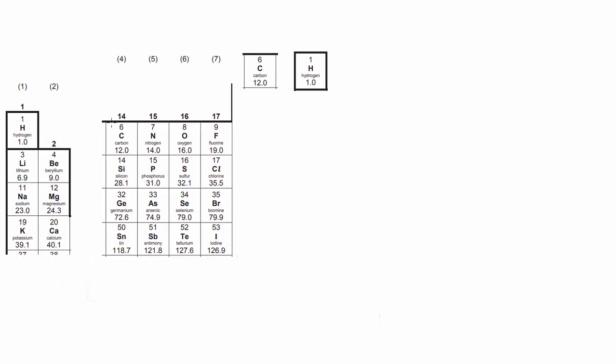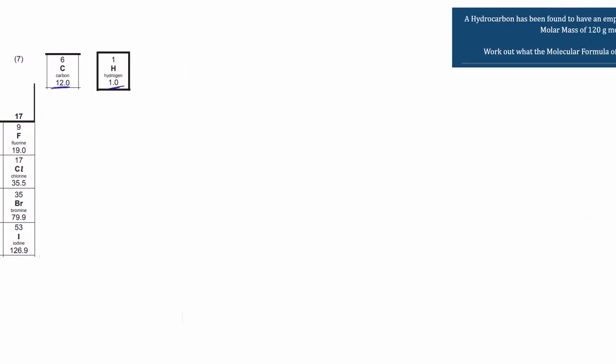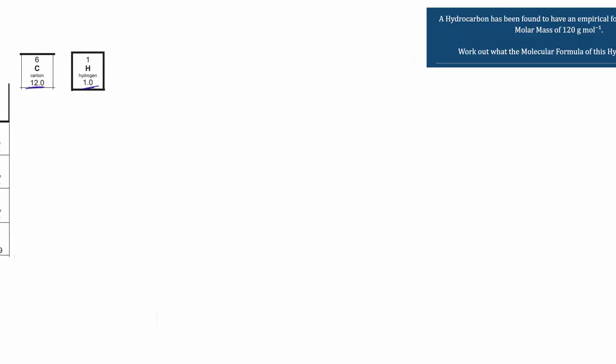So, okay, as I said, we've got carbon and we've got hydrogen. Now, the relative atomic mass of carbon, as you can see here, is 12. The relative atomic mass of hydrogen, as you can see here, is 1. In this particular case, these are effectively the molar masses as well.